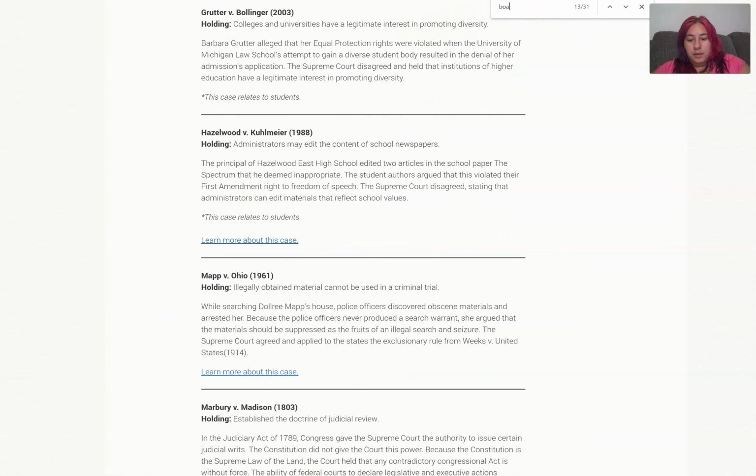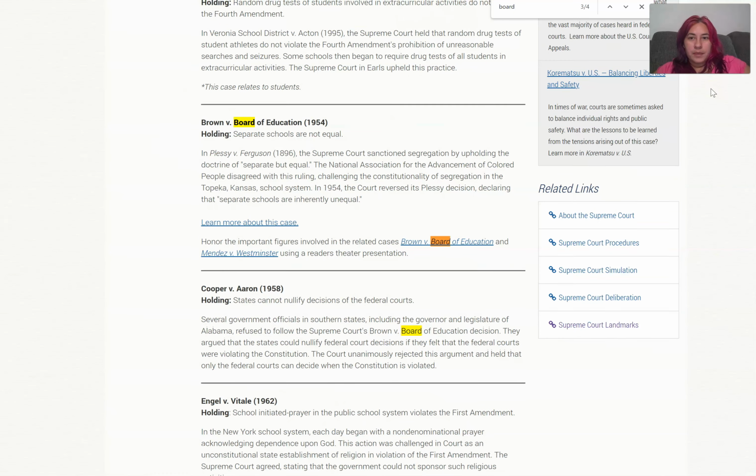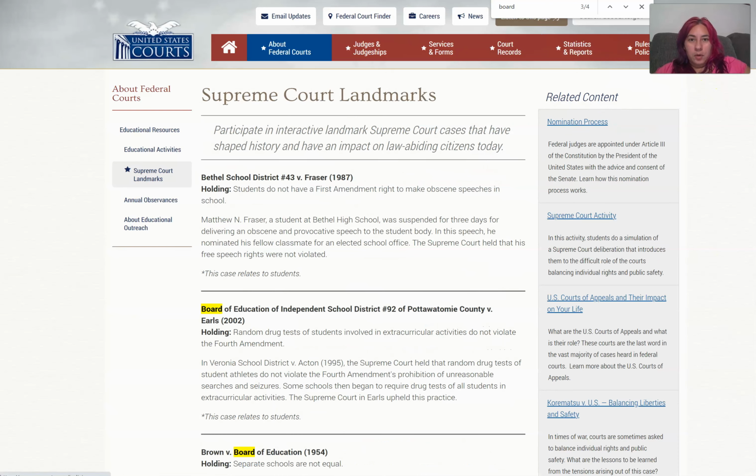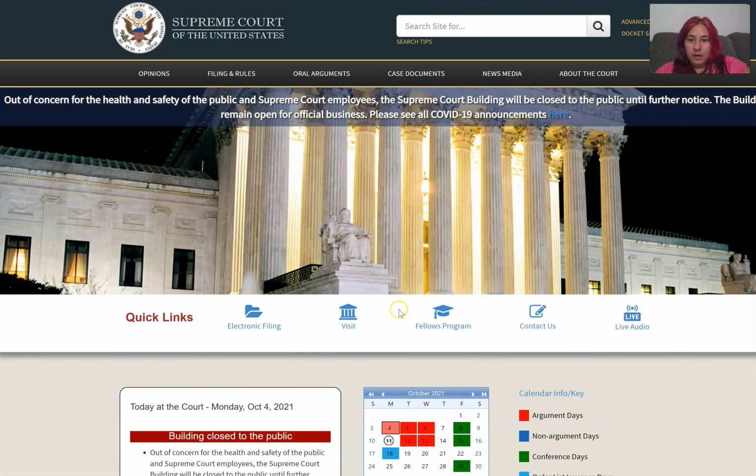It also might be board. So look for some things that were landmark cases, cases of importance. If I come to that Supreme Court website again, you can also search for cases there, the filings, the rulings, all of those things. So some different options for your group to consider as you're picking a case and then splitting up the questions.